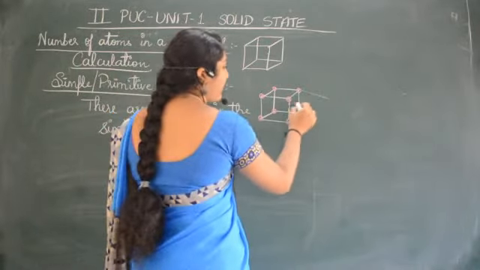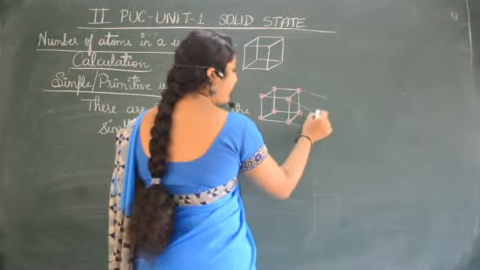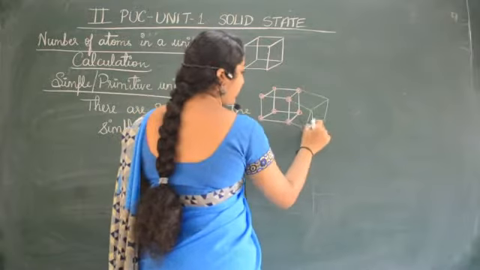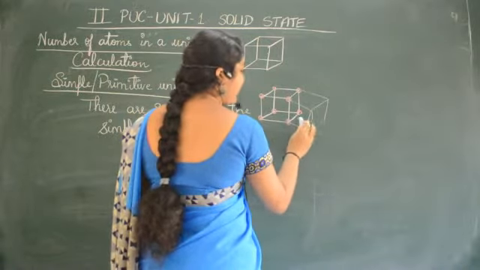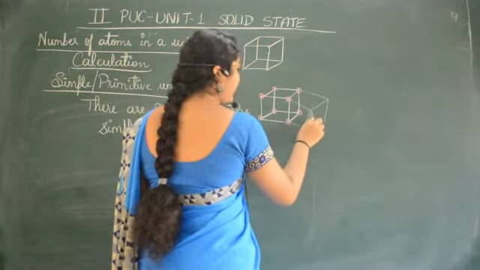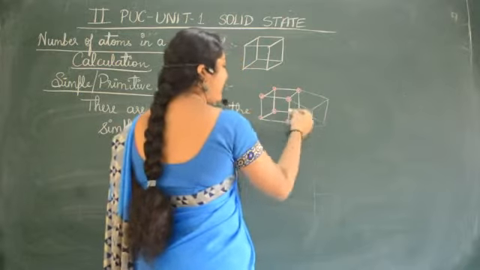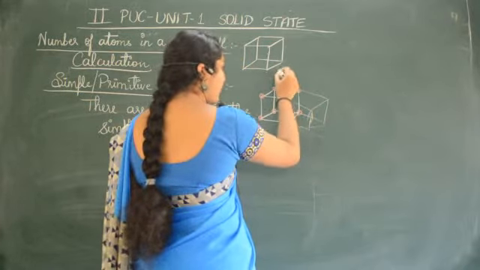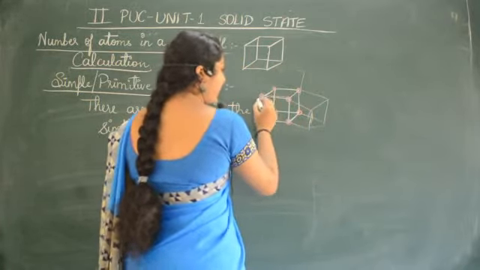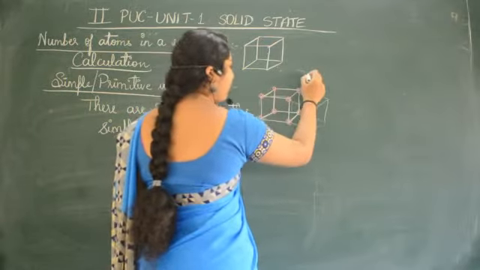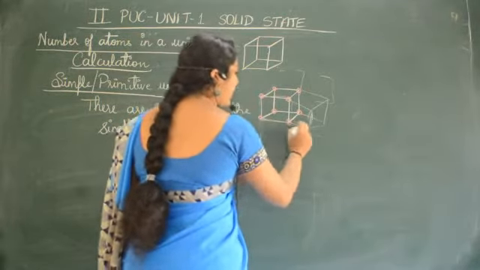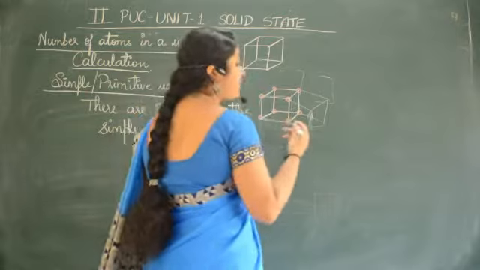Say here 1 unit cell, then again above 1 more unit cell, in the front 1 unit cell, back 1 unit cell, down a unit cell, from all the 3-dimensional space.